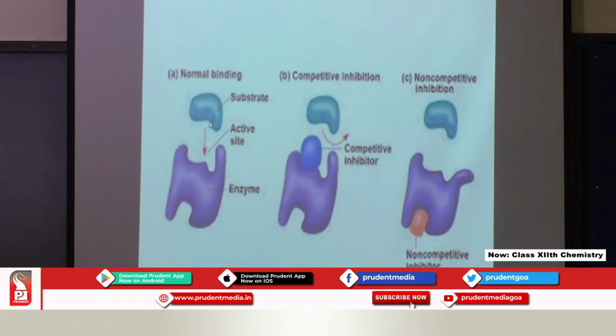Enzyme plus substrate. When drugs interfere with these enzymes, they compete for this substrate. The one in green color is your substrate and your drug is blue in color. So the drug comes and competes with the substrate and binds itself to the enzyme.